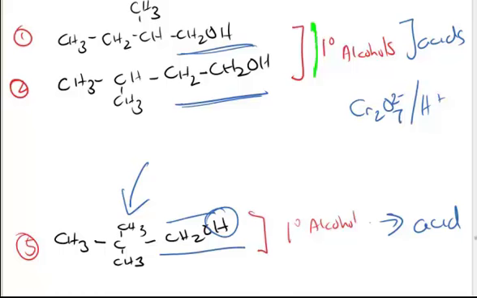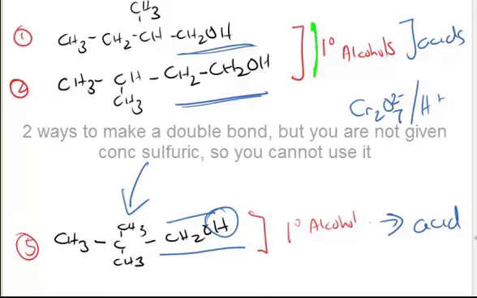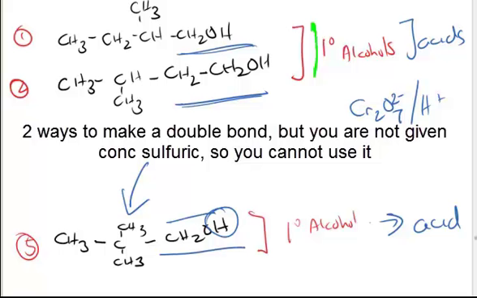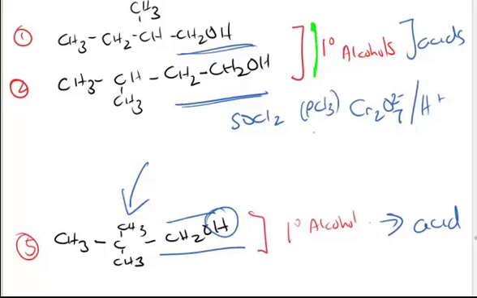So we've got to figure out a way to make an alkene here. Now there are a couple of ways of doing this. Because there's an OH here, we could add SOCl2, which is usually the best reagent, but PCl3 and PCl5 are possibilities. Usually SOCl2 will be better because it tends to form a product that's easier to separate.